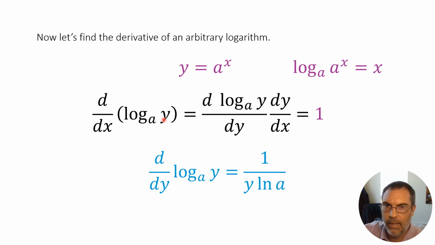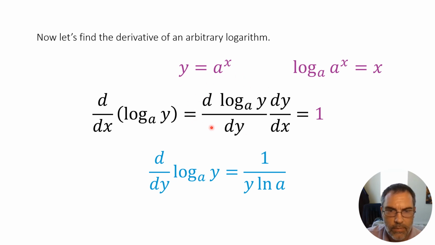So just back up for a second. We found derivative of e to the x, derivative of natural log of x. Then we found derivative of a to the x. Now we want to kind of complete this story. What's the derivative of log a of x? Okay, but we use the trick, the inverse theorem. So we have log a y, and y is this exponential.